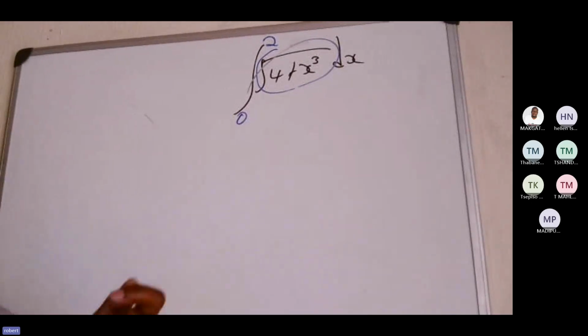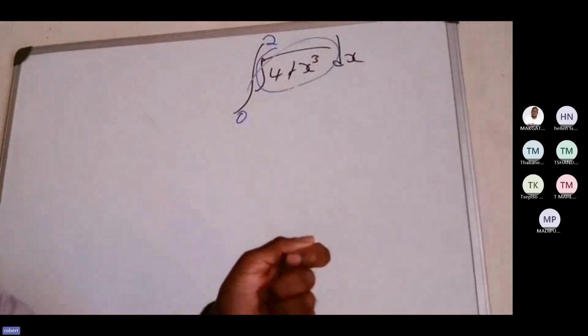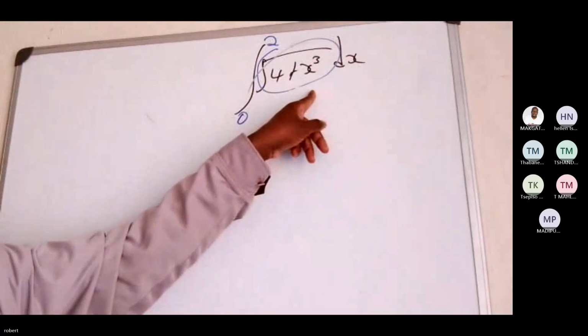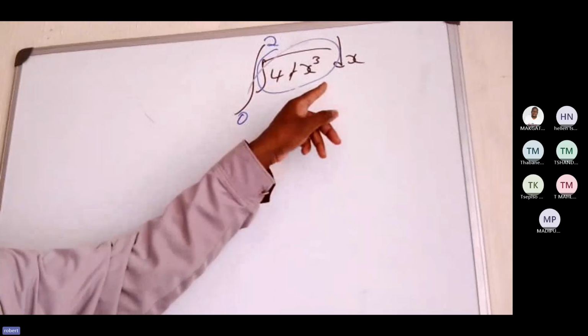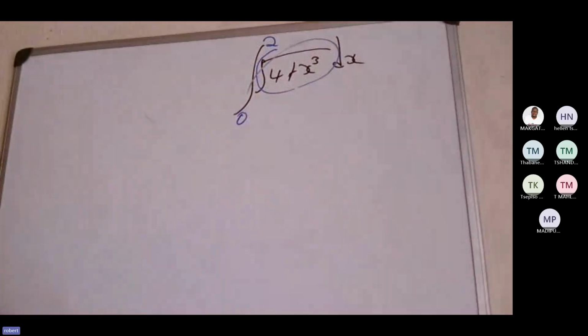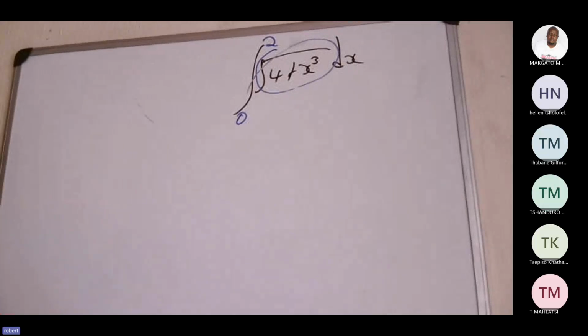We cannot find the exact area because it's not integrable. But we can approximate that area. That is where this topic comes in.